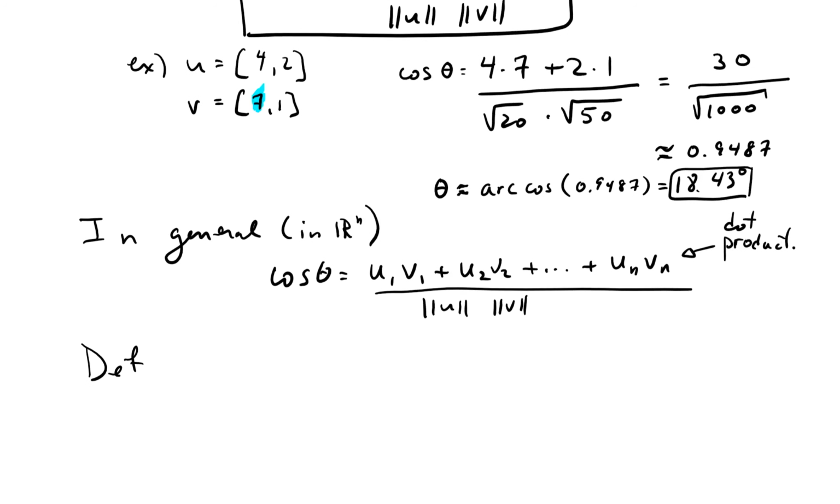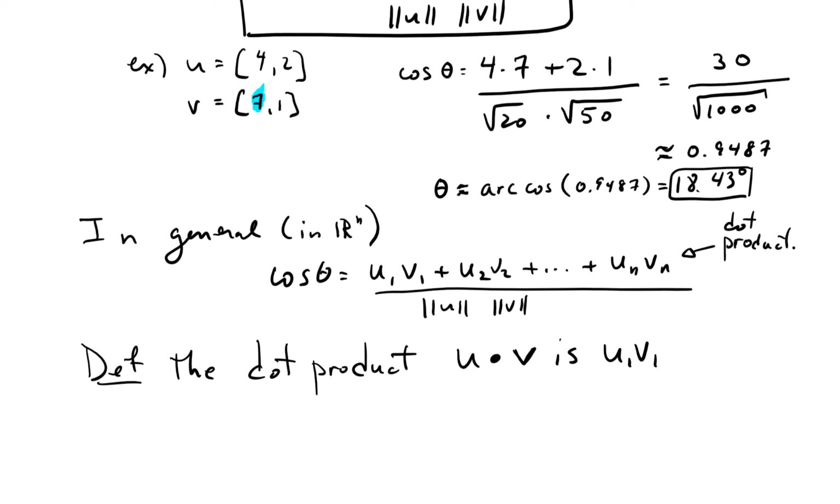So definition, the dot product, and the way it's written down, we write it as u dot v. Make sure this is like a big bullet. U dot v is defined as the component-wise product of the coordinates of u and v added up, like that.